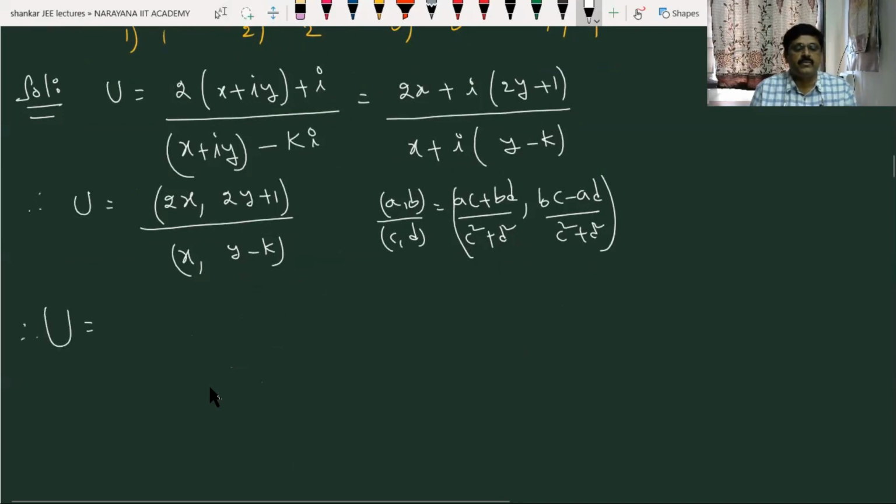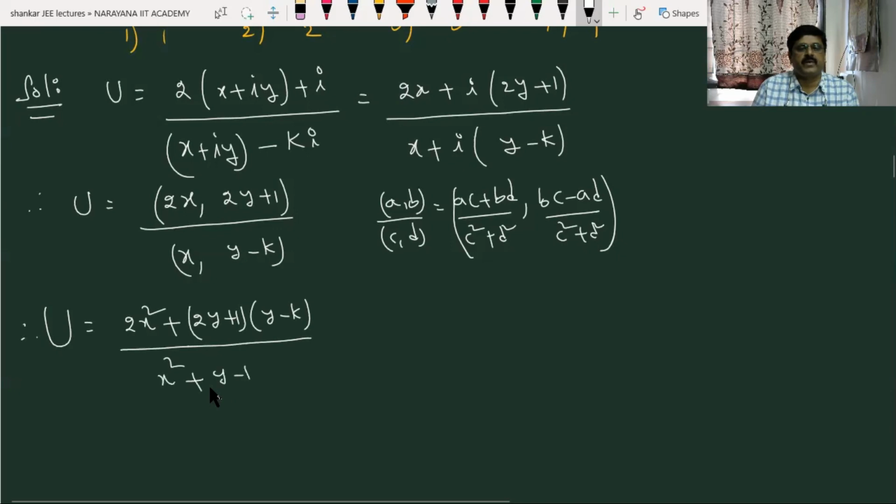Therefore, u is going to be, so carefully write students, 2x square plus 2y plus 1 into y minus k, ac plus bd, upon c square plus d square, x square plus y minus k whole square, students, comma, bc minus ad.